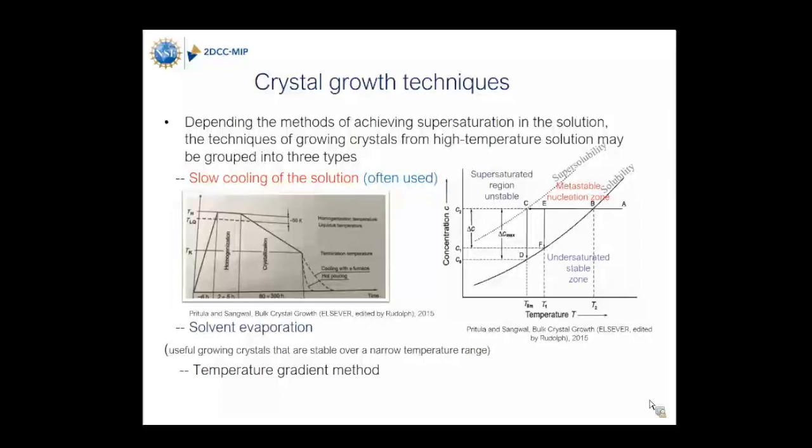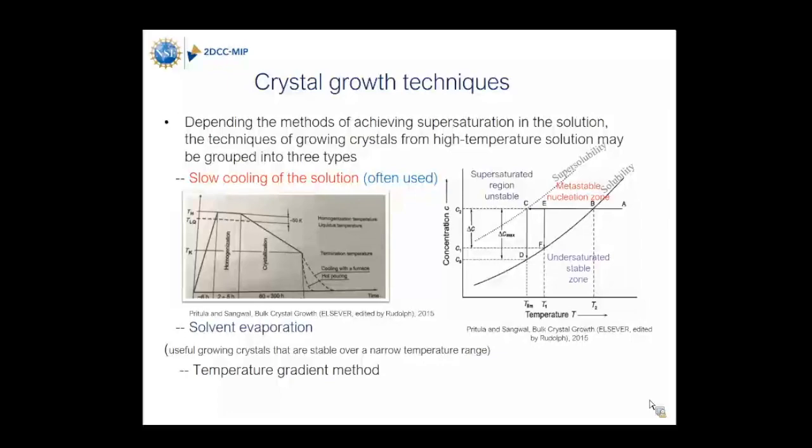As I said earlier, supersaturation can be achieved by cooling, so that method is called the slow cooling method, or by evaporation of solvent, so that is the solvent evaporation method, or through setting up a temperature gradient in solution.